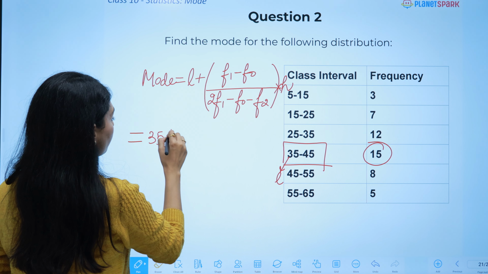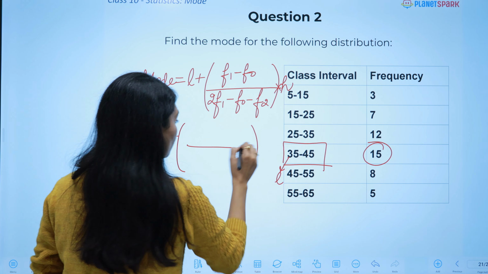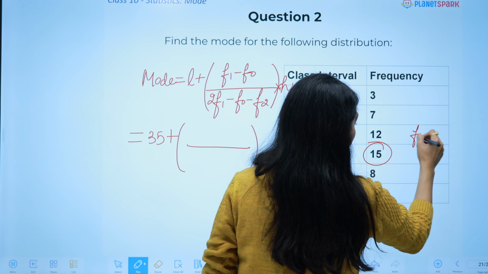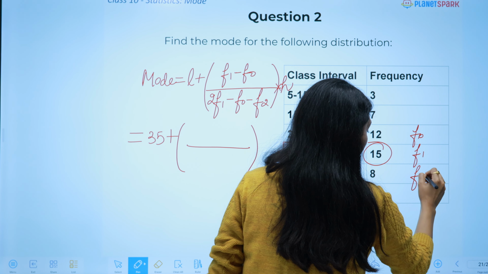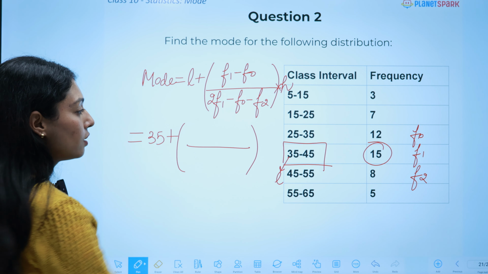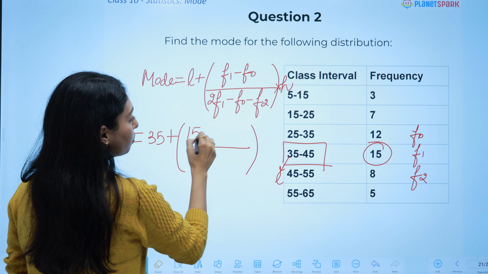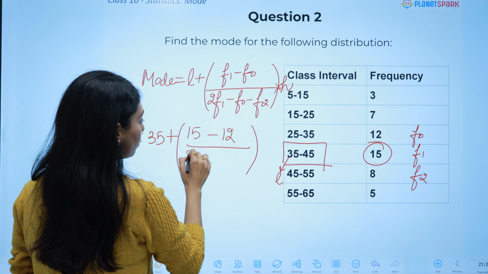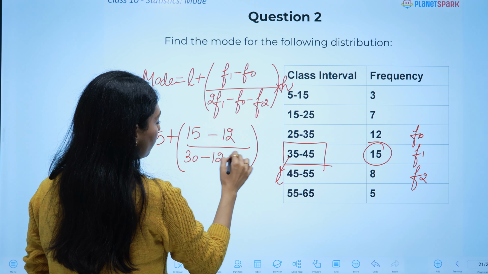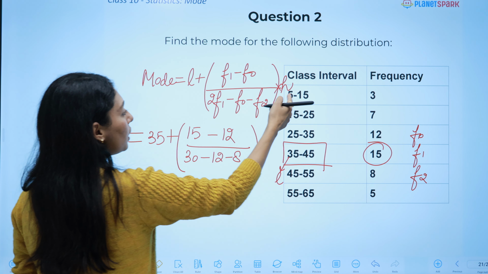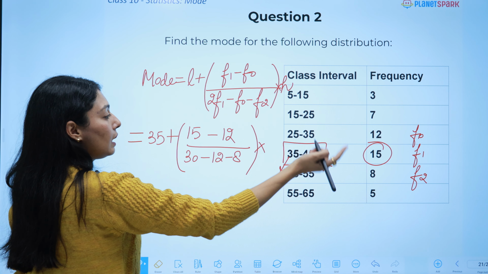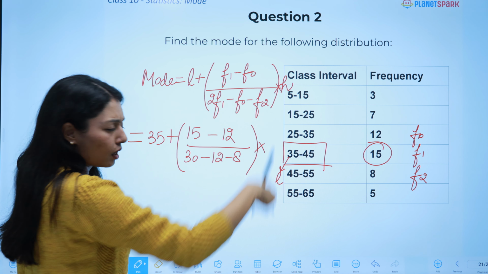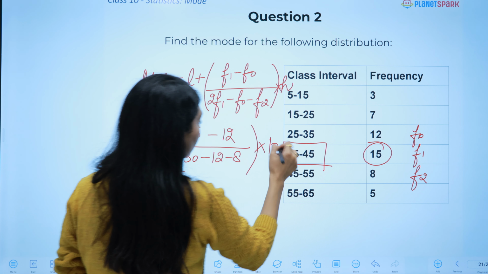L plus, let's put all these values here, f0, f1, f2. Okay, so we have f1 as 15 minus f0 12, 15 into 2 30, minus 12 minus 8 into class size. 15 minus 5 10, 25 minus 15 10, 45 minus 35 10. Check everywhere, it is the same 10.